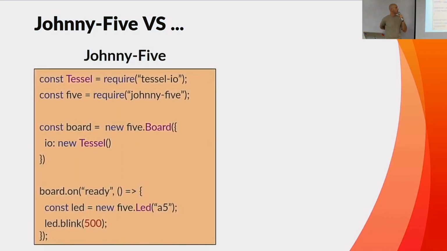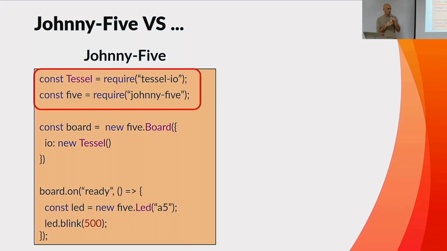So here you see, this is a program written with Johnny 5. It's going to run a very simple code to blink an LED every 500 milliseconds. Pretty simple. As you can notice, if you have familiarity with JavaScript, you can already notice some of the typical things you can see in JavaScript.